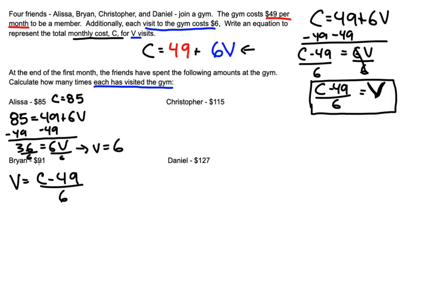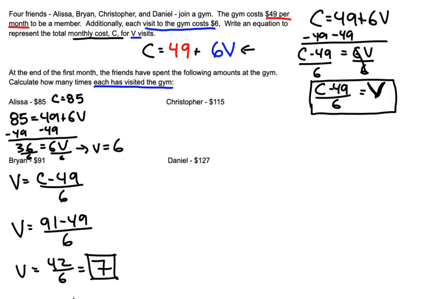Well, his cost is 91. So the visits equals 91 minus 49 over 6. 91 minus 49 would be 42. So the visits would equal 42 over 6, which of course is equal to 7. So Brian visited the gym 7 times.